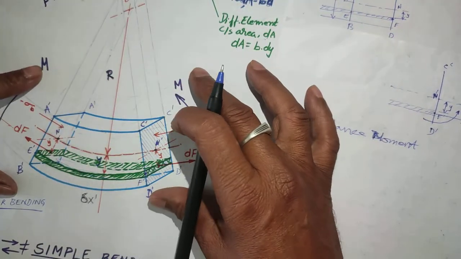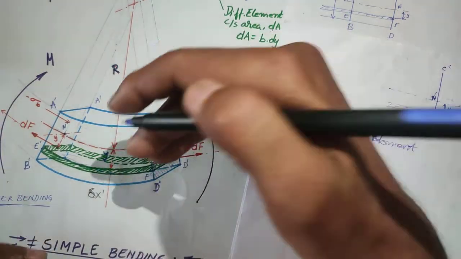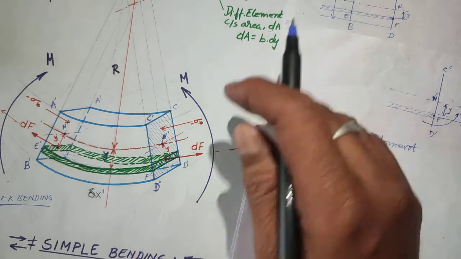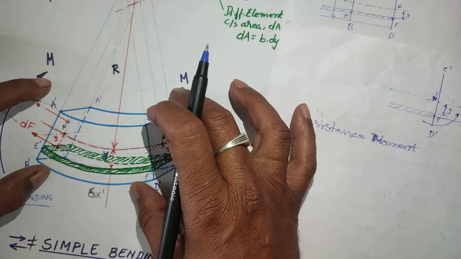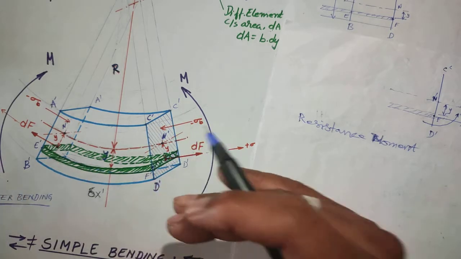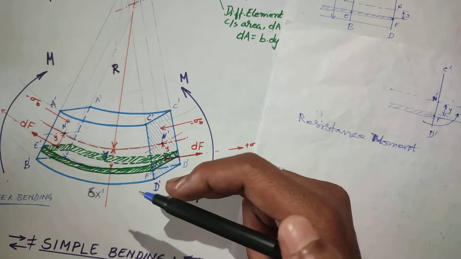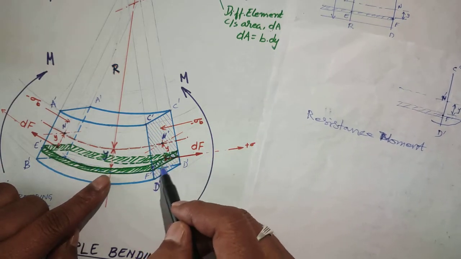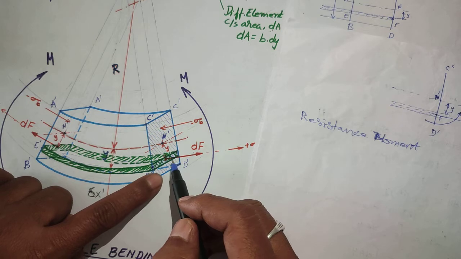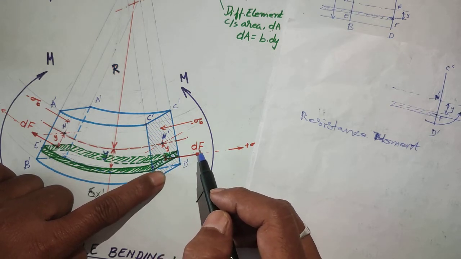This entire beam bending moment we can calculate by the forces. So this bending moment is applying certain forces across the cross section. When you are considering this element of layer here, that force on the layer is dF.